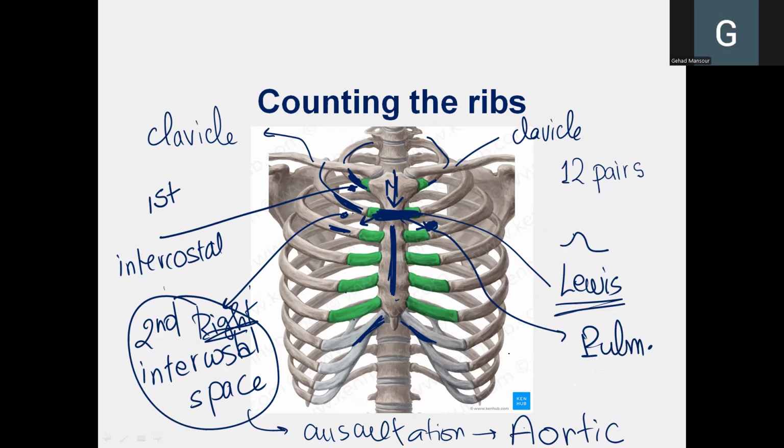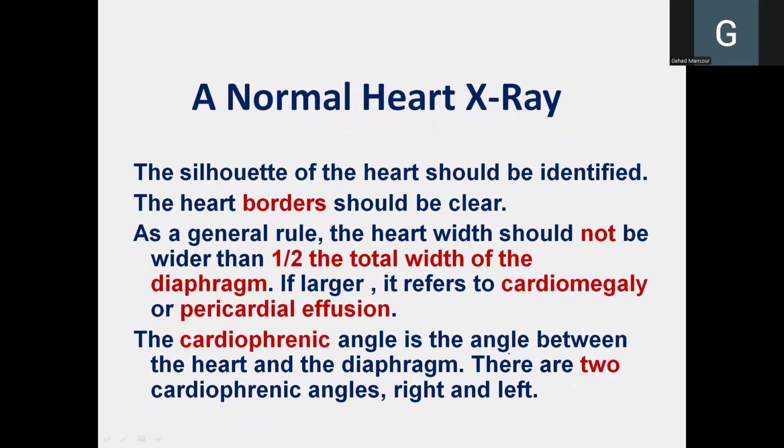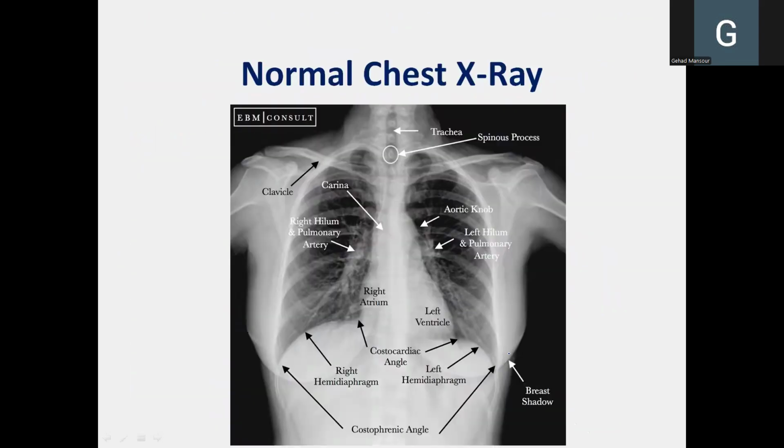Now, if we look at the X-ray, we will find that here, for example, the posterior ribs are better visualized. Why? Because they appear more radio-opaque.